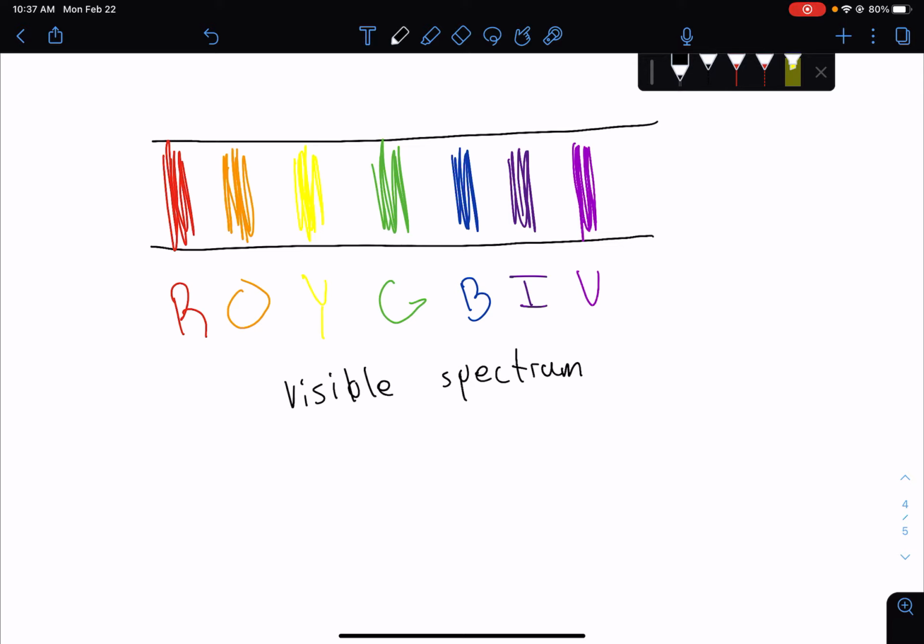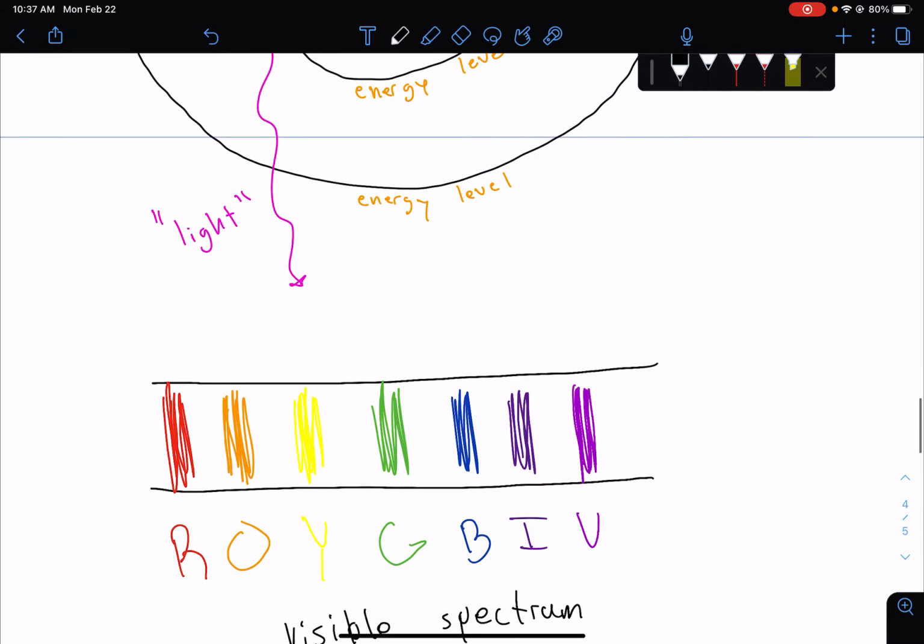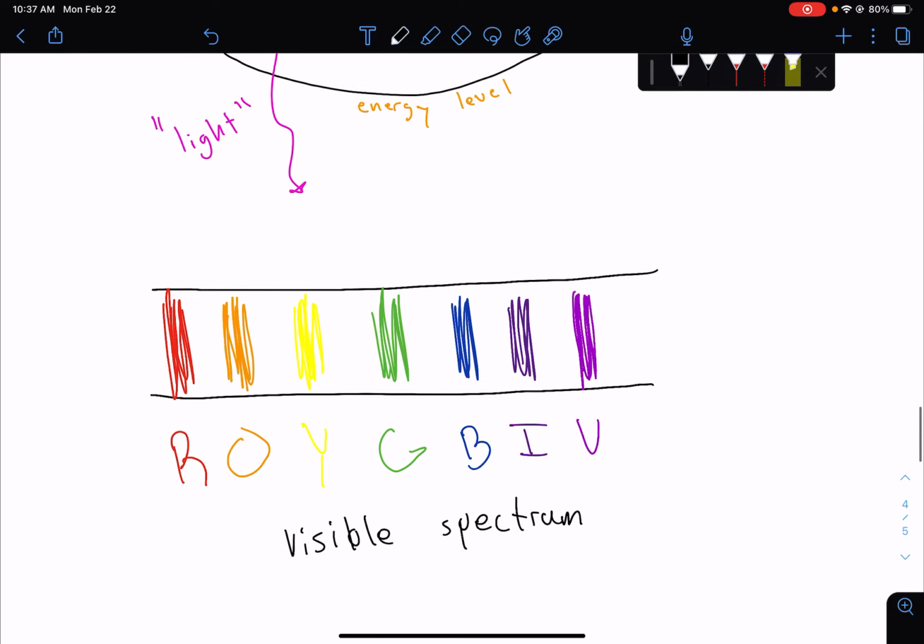So wavelength-wise, remember, this is all light, and all light and all energy behaves as a wave. So there's a wavelength, lambda, for every one of these colors. In general, the colors range from 700 nanometers, a very small length, for red.